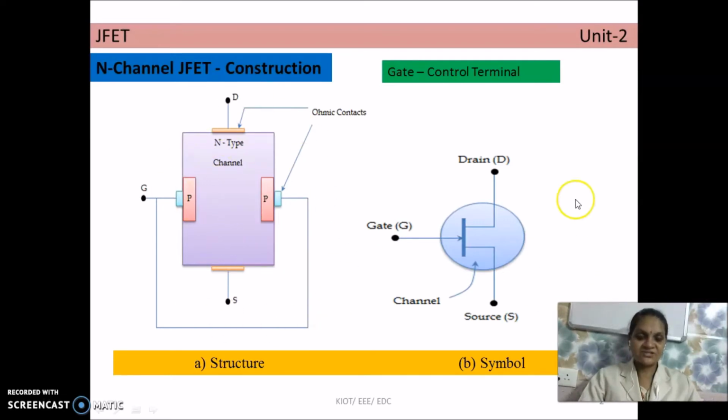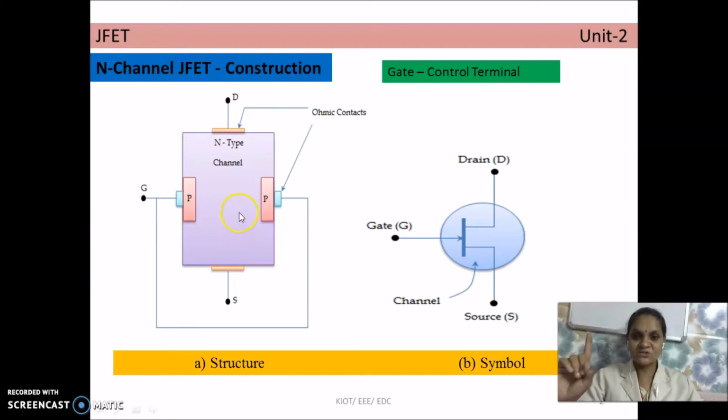This is the construction, and the symbol of N-channel JFET is this one. This is the gate terminal, and the drain and source terminals, and this is the channel. See here, the arrow mark is an inward arrow on the gate terminal. This indicates the current is entering into the gate terminal. In this type of JFET, the current conduction is only due to one type of charge carriers, that is electrons.